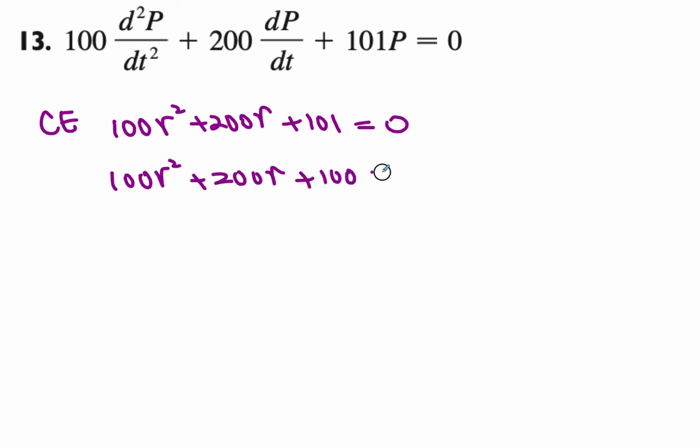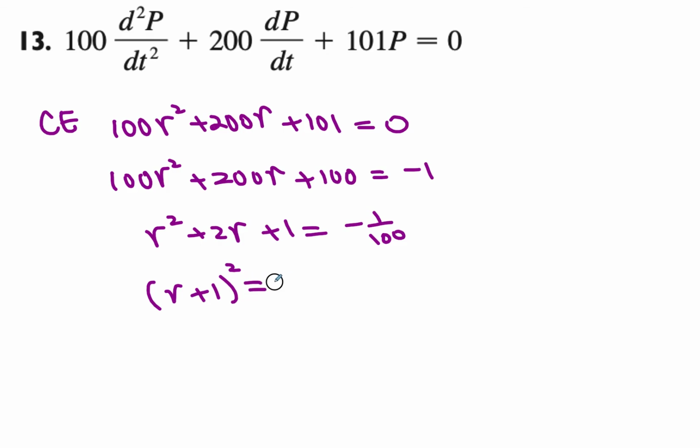I'm going to divide the whole thing by 100. Then I get r squared plus 2r plus 1 equals negative 1 over 100. Now we know that (r plus 1) squared is equal to negative 1 over 100. That gets us r equals negative 1 plus or minus 1 over 10 i.